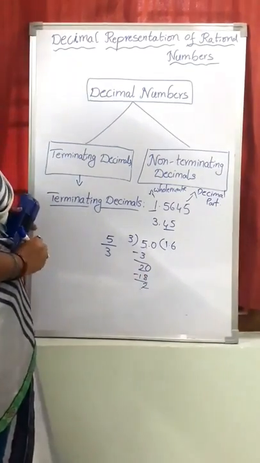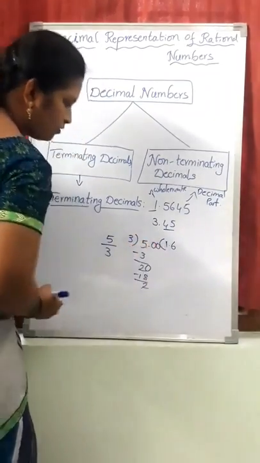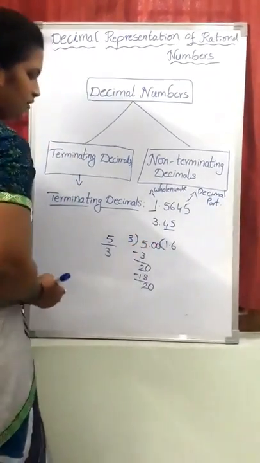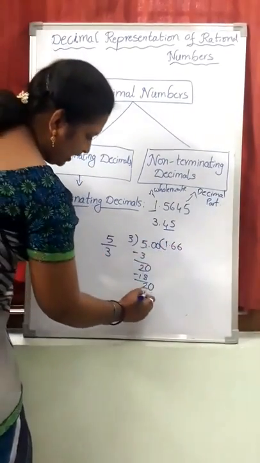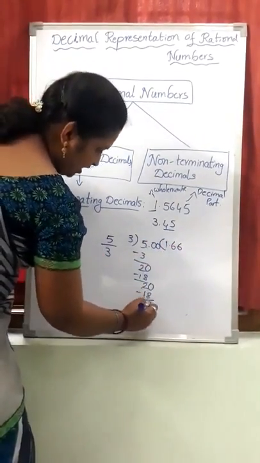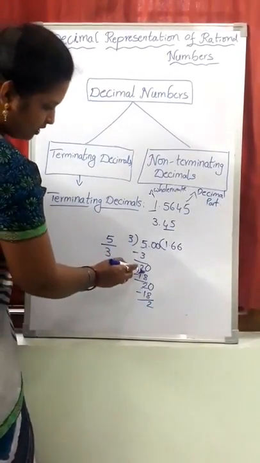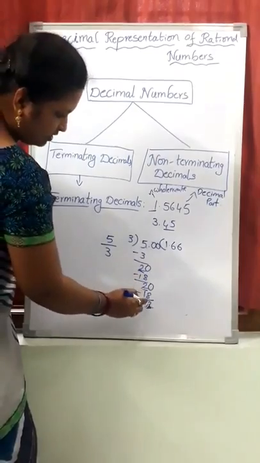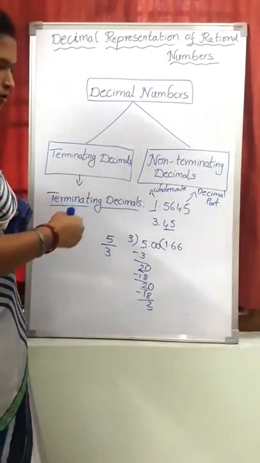Now once again I got the remainder 2. So I am keeping one more 0 and bring it down like this. Now 3 table once again in 20 how many times? 6 times 18. Once again I am getting the remainder 2. Like this, if you observe, every time the remainder is repeating and repeating. Is it correct or not?